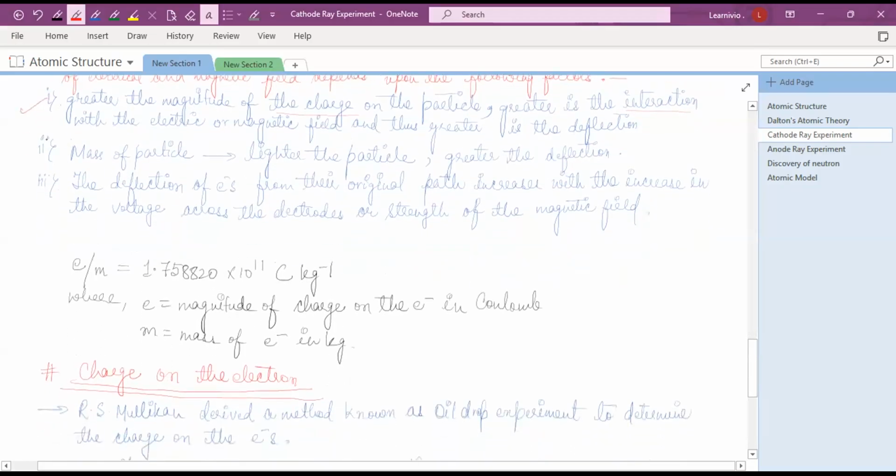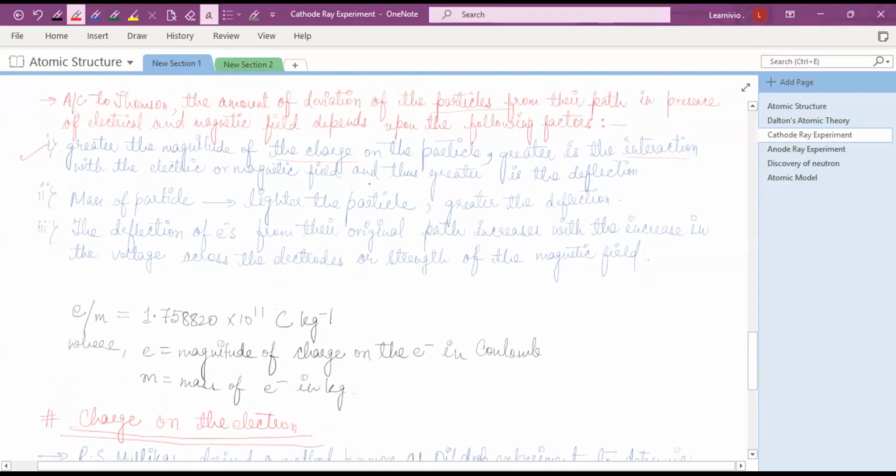Yes, ma'am. The second factor is the mass of the particle. The deviation of the particle depends on the mass of the particle. If the particle is lighter, particle meaning here the gas particle in the discharge tube, for example hydrogen, then in the case of hydrogen there is the most deflection, right?